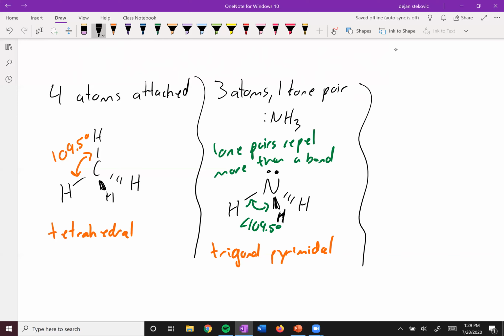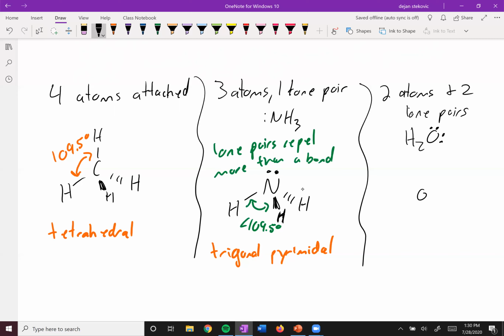And then finally, we have a situation in which we have 2 atoms and 2 lone pairs. Example of this is water. With the oxygen being connected to 2 hydrogens and then 2 lone pairs.